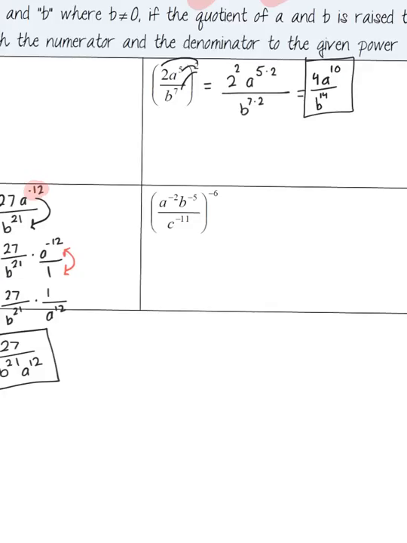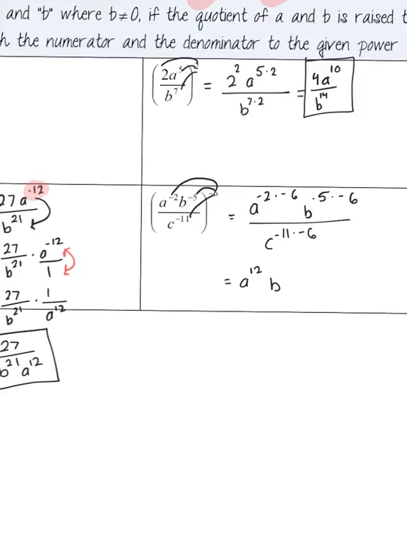Okay, on this one, I'm going to distribute that negative 6 to everything. So I've got a times negative 2 times negative 6, b to the negative 5 times negative 6, over c to the negative 11 times negative 6. We're just going to simplify. So negative 2 times negative 6 is positive 12.